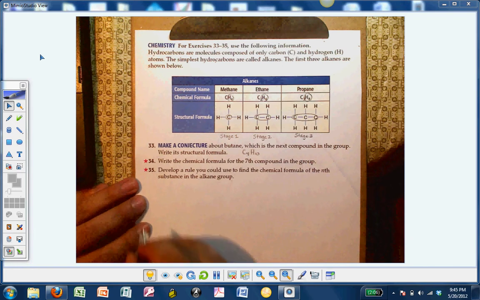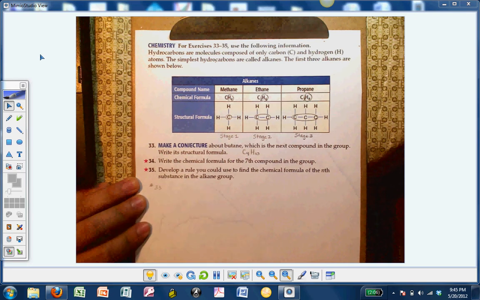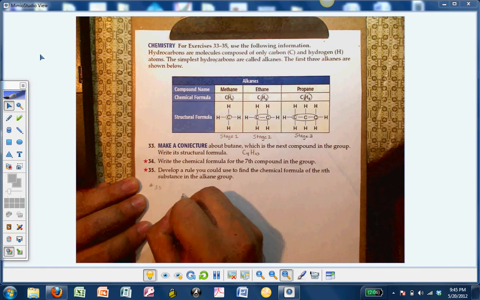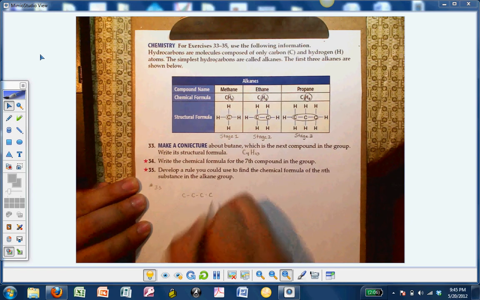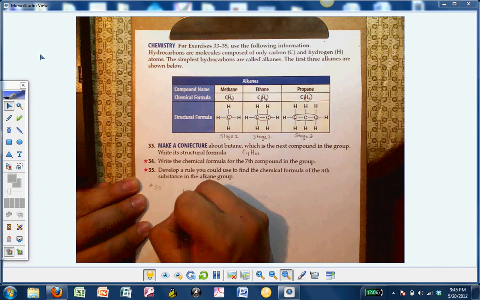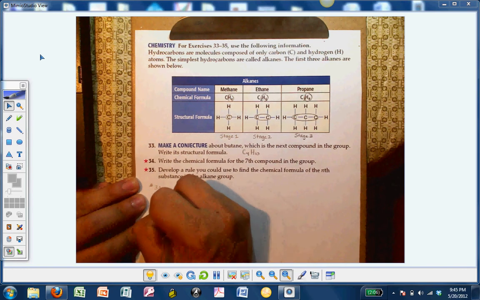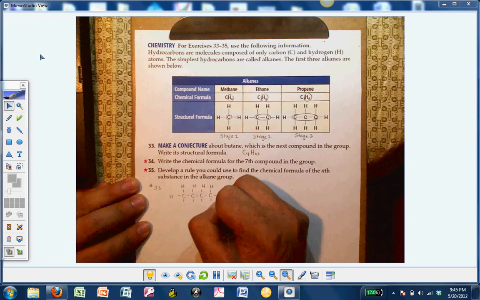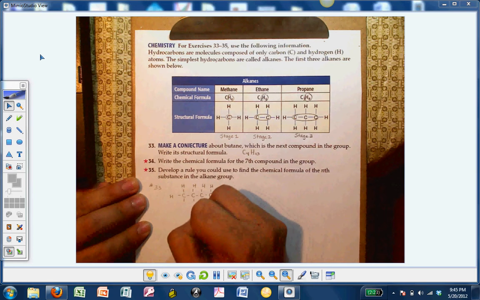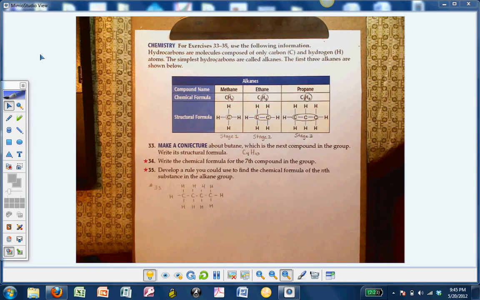I'll use this space here at the bottom for number 33 to write a structural formula. So again, we'll have 4 carbon atoms, and then they will be linked by 10 hydrogen atoms: 1, 2, 3, 4, 5, 6, 7, 8, 9, 10. This is the answer to question number 33.